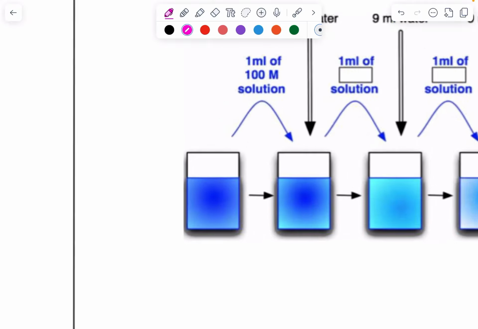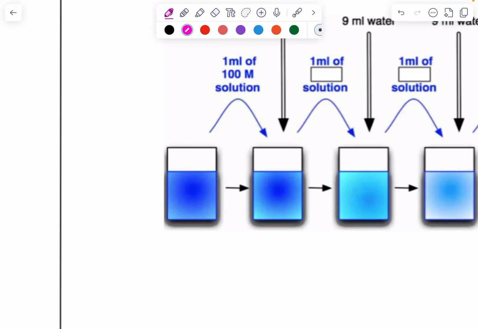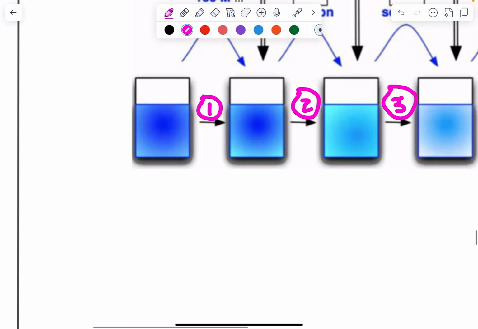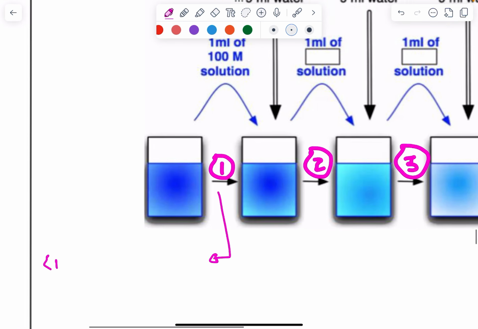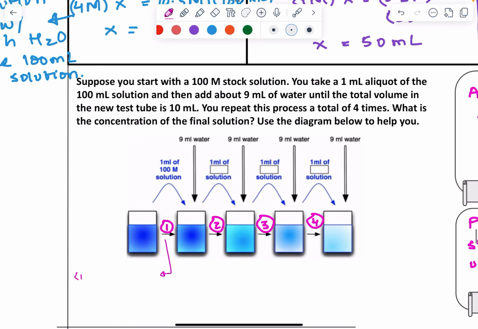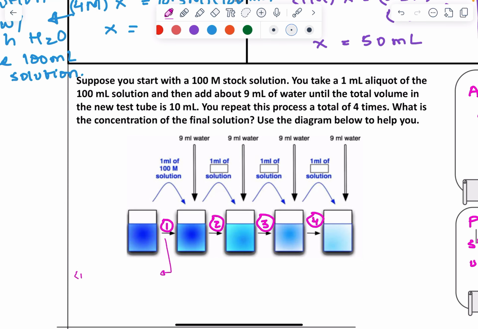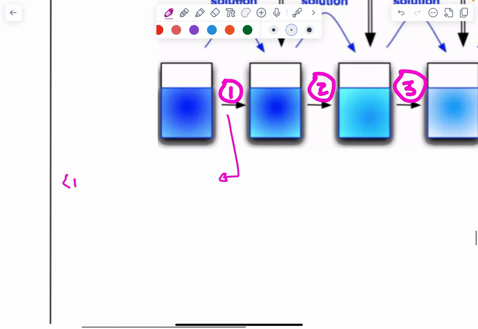Okay, so let me go ahead and write it down. For the first one, this is dilution number 1, dilution number 2, dilution number 3, and dilution number 4. So for the first dilution, the stock solution is 100 molar.